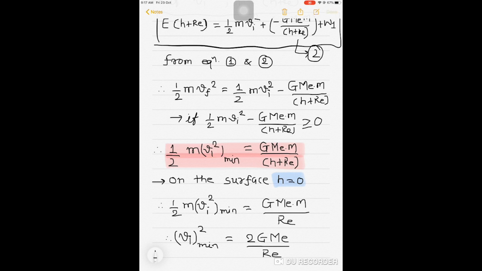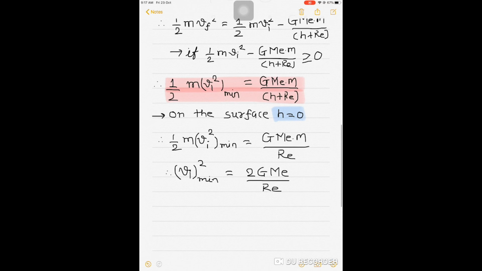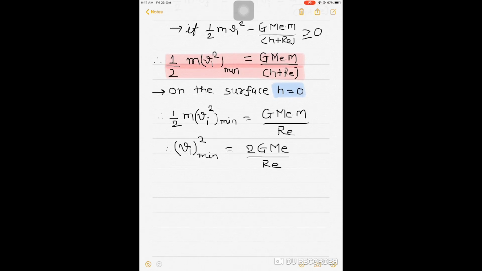Now we simplify it more. We go with vi minimum, that is the square root of the given term, 2G Me over Re.